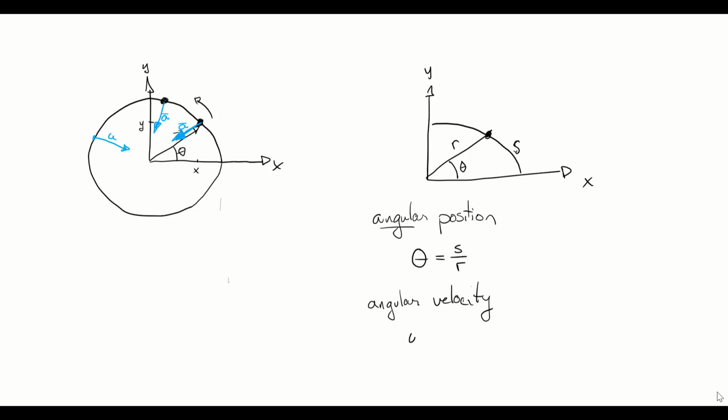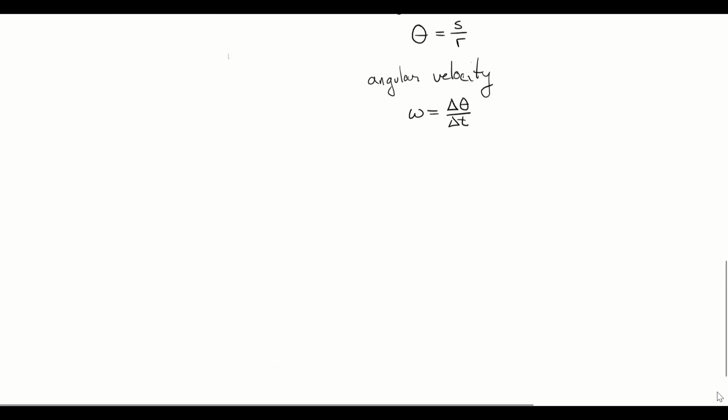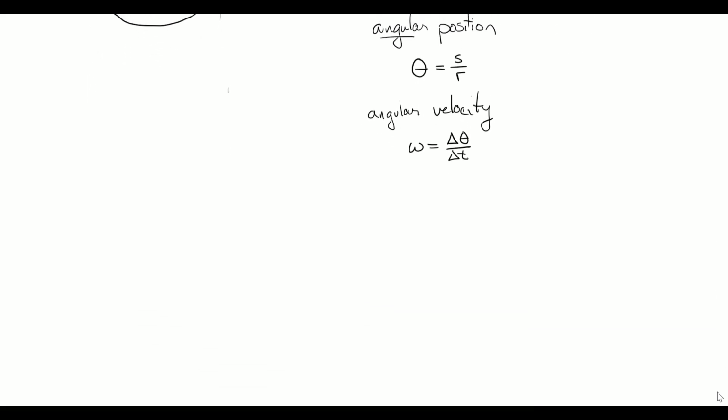And we'll call that omega, another Greek letter. And just like we did with our linear velocity, it's going to be described as a change in the angular position with respect to a change in time. And if we wanted to go even further, we could go to the third level, angular acceleration.